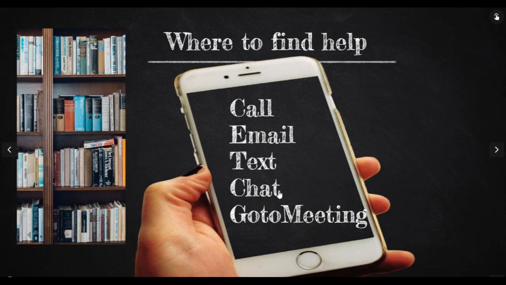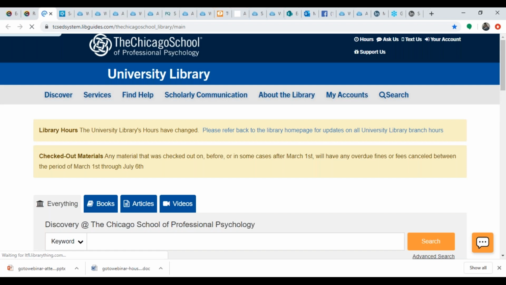And we can do research consultations over GoToMeeting, which means we can share screens and spend more time, especially if you're doing more in-depth research or if you need a research consultation for your dissertation, or it can be for really any reason. Even if you're having a hard time choosing what keywords to use in your search, or if you're not sure what database to use, you can definitely set up a meeting and we can go over that with a librarian. So all of that information is on the library website under Find Help.